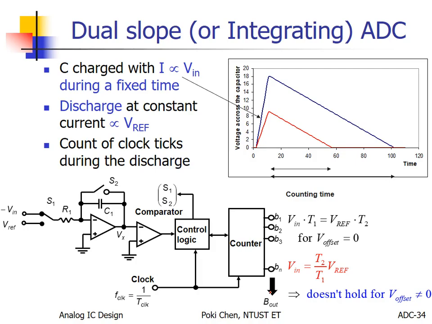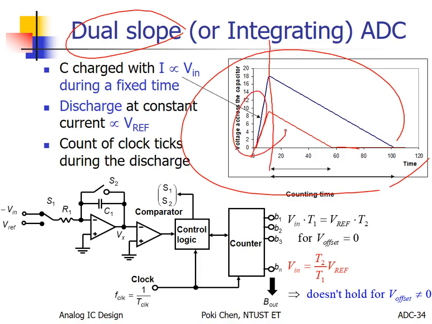So the next step is dual slope instead of single slope. For dual slope, you can see we have two steps. For the first step, we charge the capacitor with different slope. It means the charging, phase 1 and phase 2.